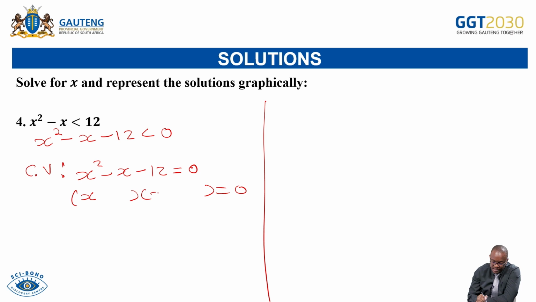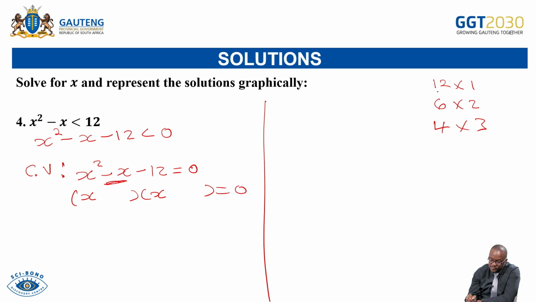So we're looking at the factors of 12 that can give you 1. So we said the factors of 12, remember, it can be 12 times 1, it can be 6 times 2, or 4 times 3. So when we say it gives us 1, it must give us the middle term, correct?